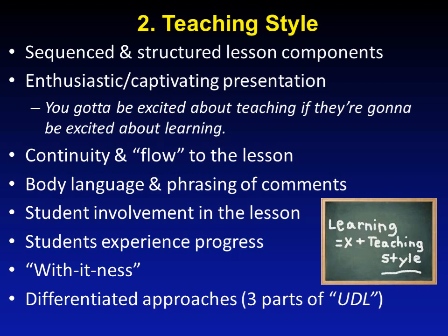We can differentiate or vary the way that we assess their knowledge, that they show what it is that they have learned. And the third aspect is different ways of getting kids promoting an enthusiasm for engaging in the activity. And all along the way, in order for us to be successful with all of this, we've got to be with it. We've got to have those eyes in the back of our head.